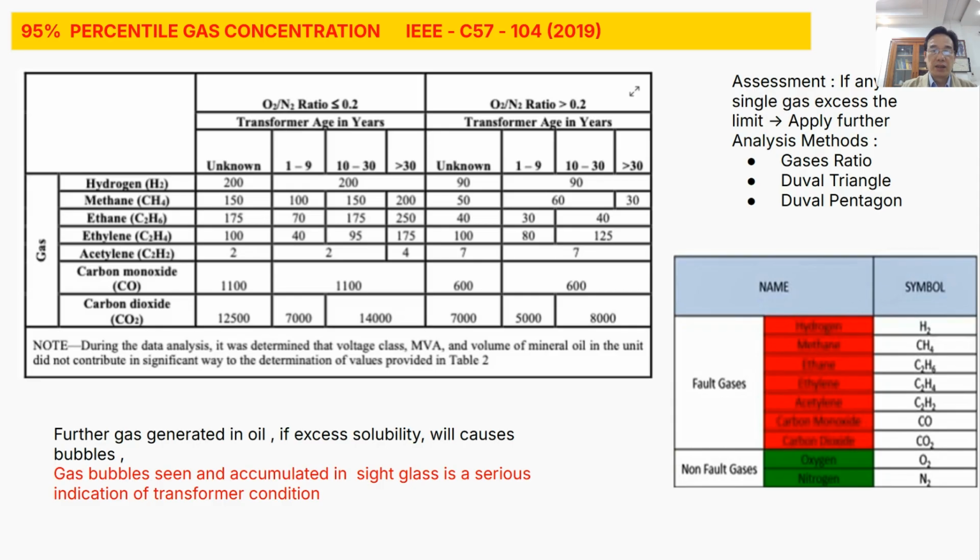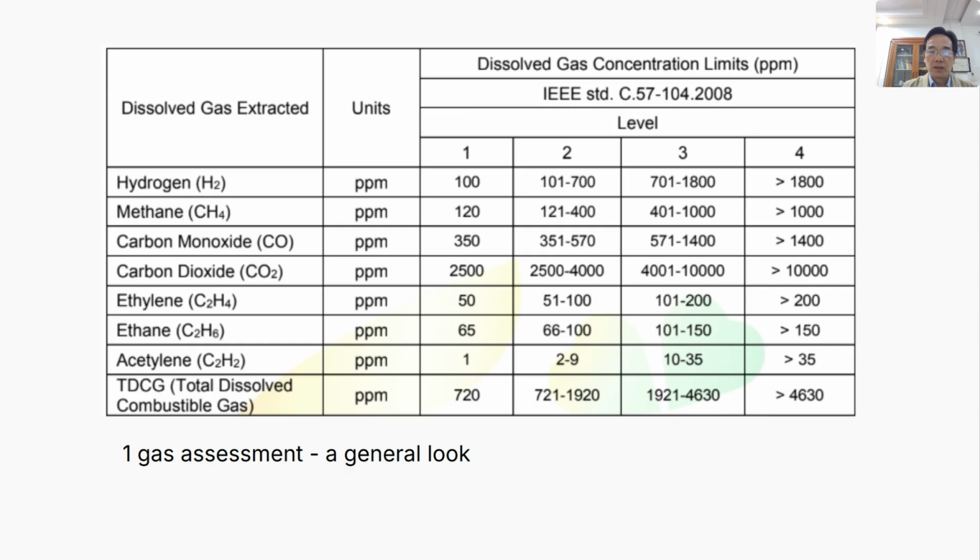Here with the international standard IEEE C57.104, we have two versions. The previous version is 2008. This table comes from the old version. So here we have the limit of the gas content in oil for the condition of the transformer.